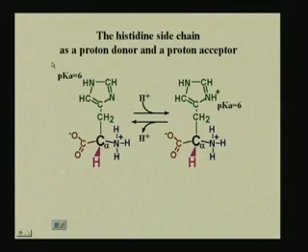Okay, so let us get back to our understanding of the proton donor and proton acceptor capabilities of the histidine side chain. The pKa of 6 means that when there is an equilibrium at a certain pH, it can either accept the proton or it can donate the proton. Okay.